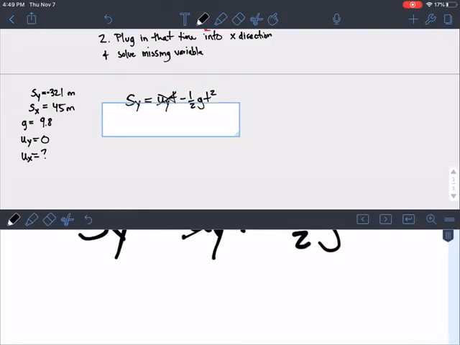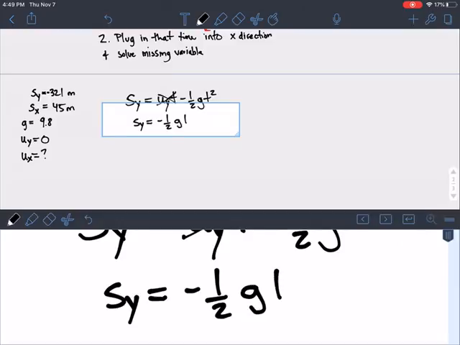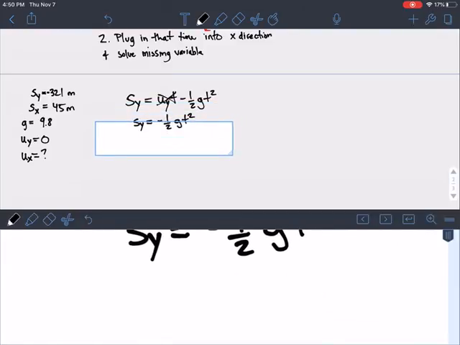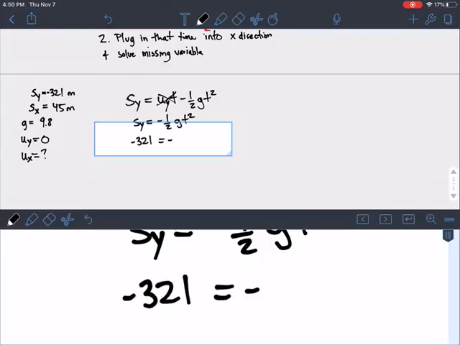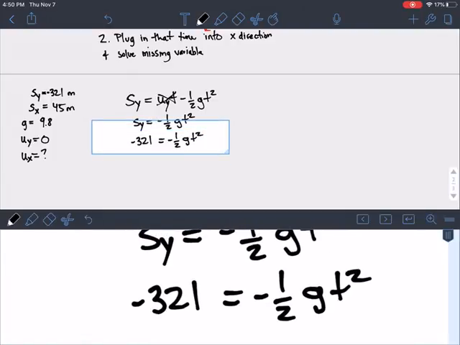So all we're going to be left with is Sy equals negative 1/2 g t squared. Alright, so let's go ahead and plug this in. So we got negative 321 equals negative 1/2 g t squared. And g is actually equal to 9.8, so go ahead and plug that in.